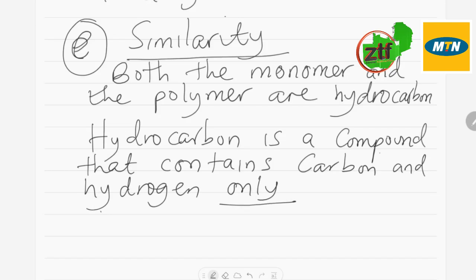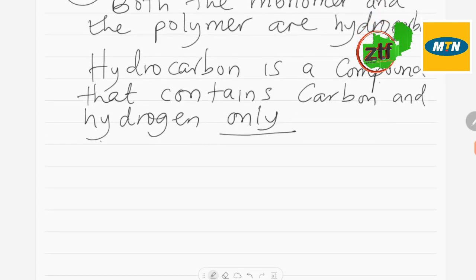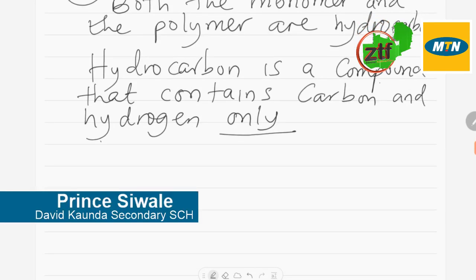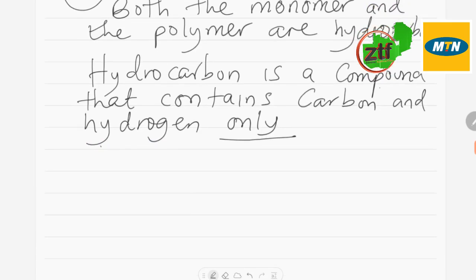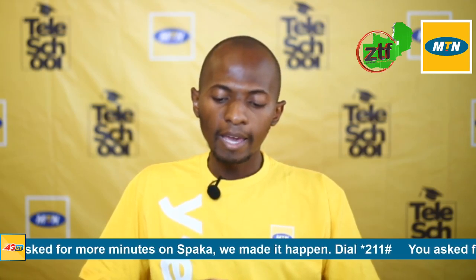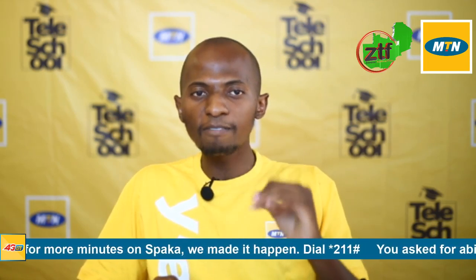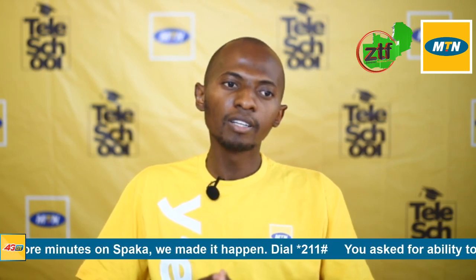I've underlined this word only, meaning that those compounds which do not have carbon and hydrogen only will not be fit to be classified as hydrocarbons. E.g., if we have C2H5OH, this one is not a hydrocarbon because it has OH. Hence, hydrocarbons should just have carbon and hydrogen only.